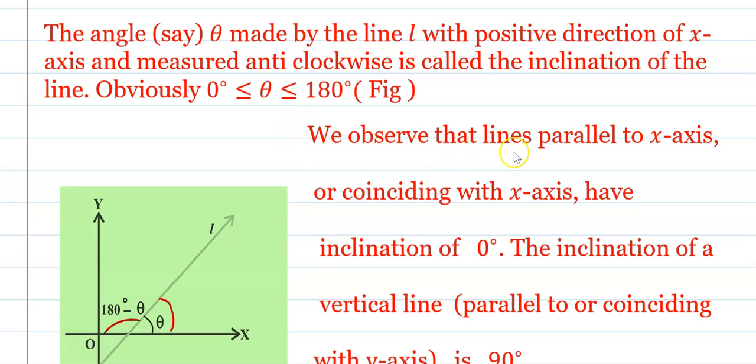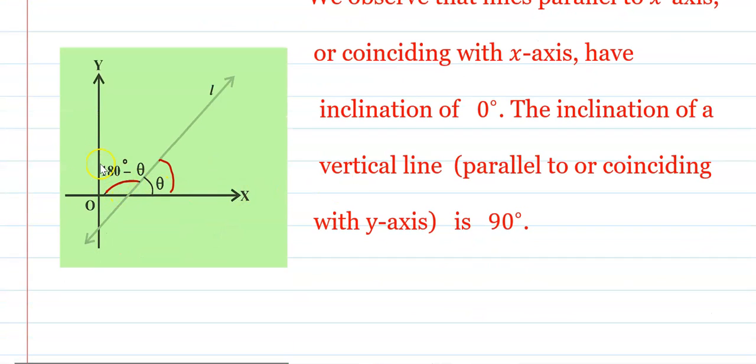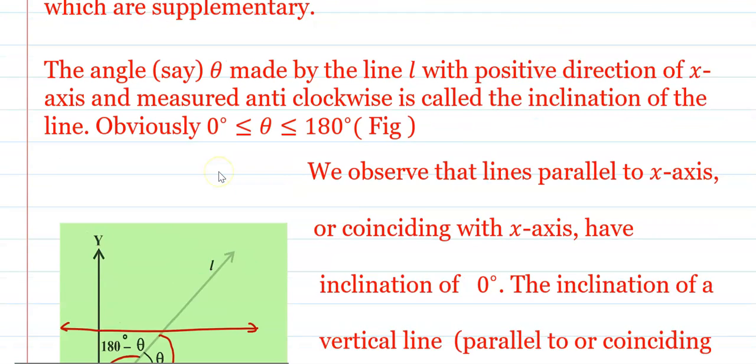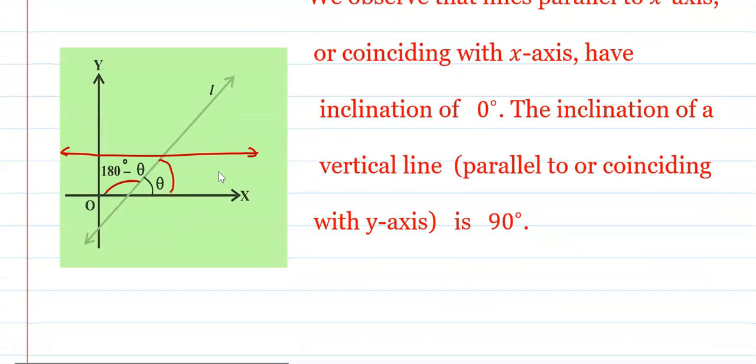We observe that for lines parallel to the x-axis, if I draw a line which is parallel to the x-axis, what about its inclination? It has zero inclination, therefore its slope will be 0.